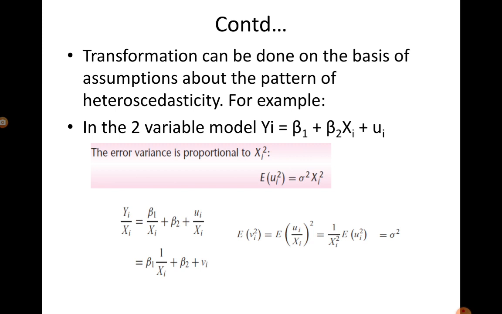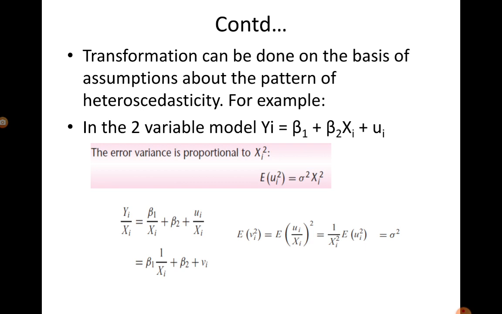The other option, when the population sigma i square is not known, is to do a transformation of the original regression model such that you get homoscedastic variances. This method of transformation is arrived at based on the assumption that you have about the pattern of heteroscedasticity.